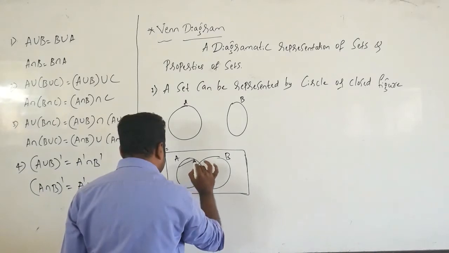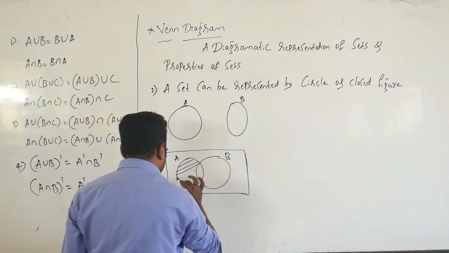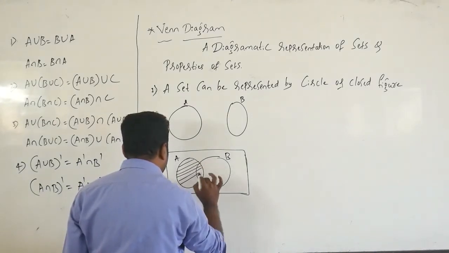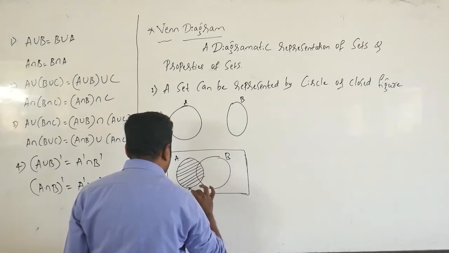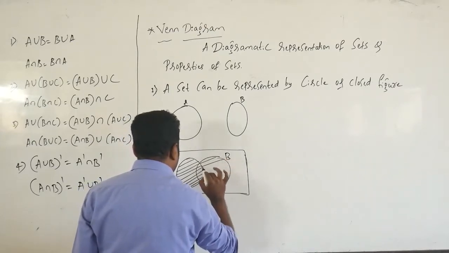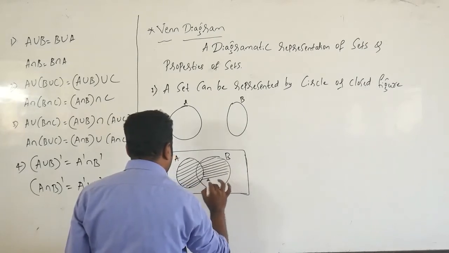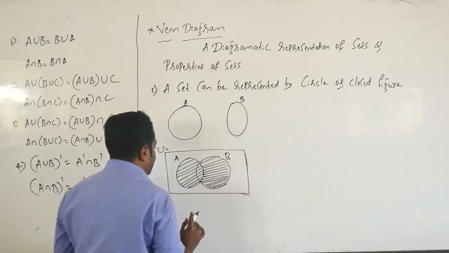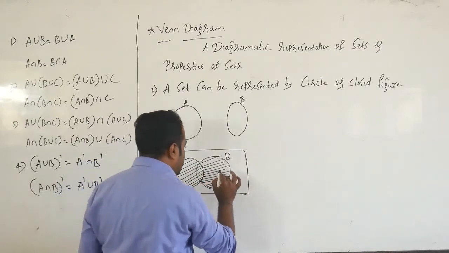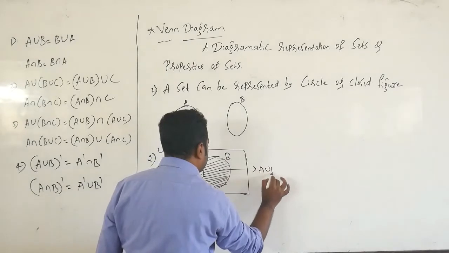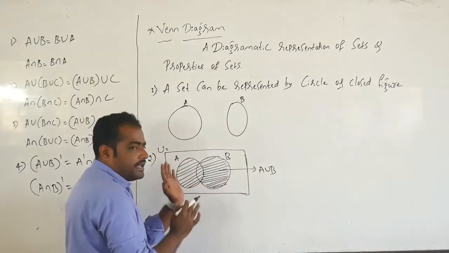That whole space, that shaded portion indicates A union B, nothing but addition of A and B.